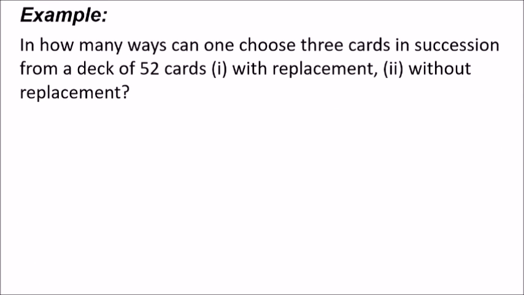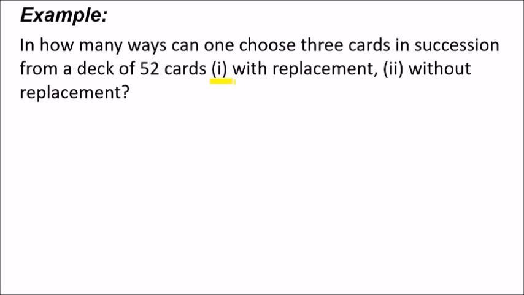How many ways can one choose 3 cards in succession from a deck of 52 cards, with replacement and without replacement? We need to choose 3 cards in succession. First card, we take it and then put it back. Then we draw another one and put it back. So the 3 procedures have the same number of possible outcomes.